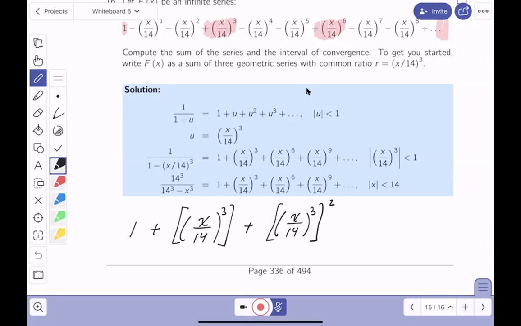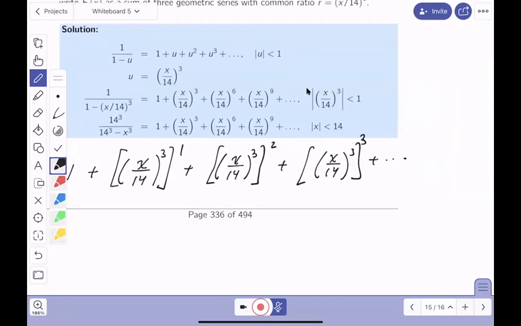This is 1. Again, I'm just writing these terms down over here. And the next one's going to be what? Plus (x over 14) cubed, cubed, plus yada, yada, yada. Well, this one doesn't look too bad to do.